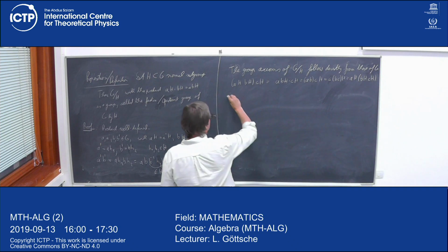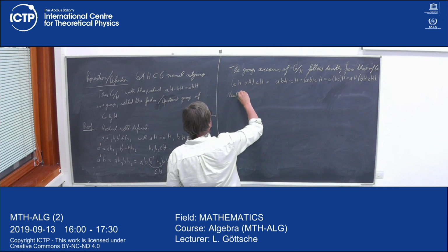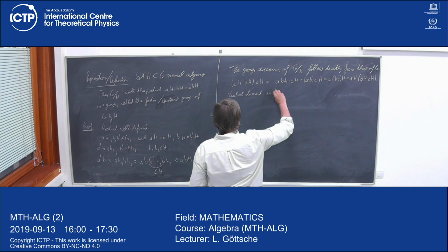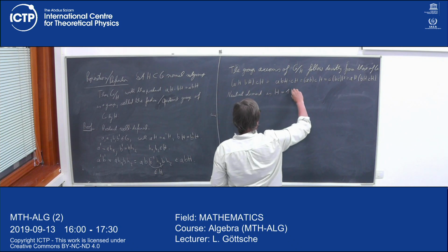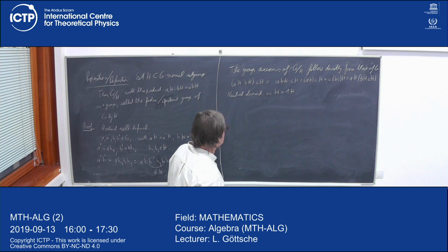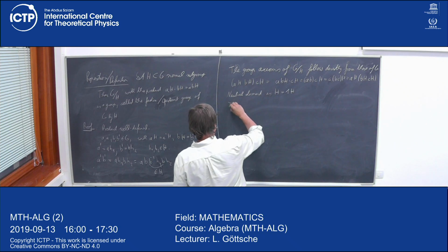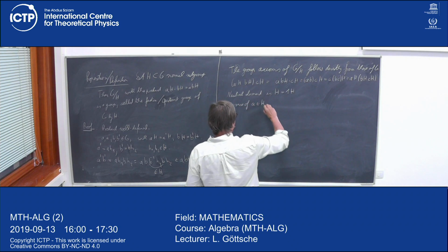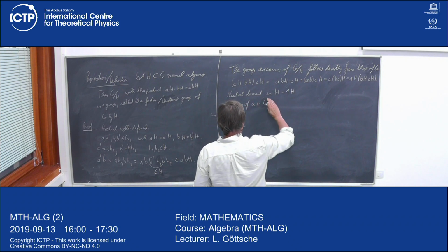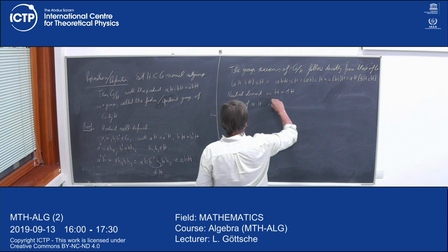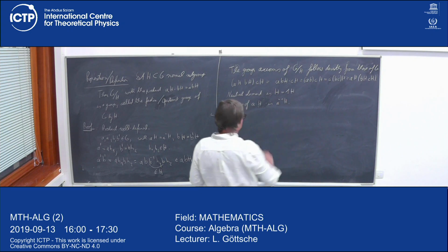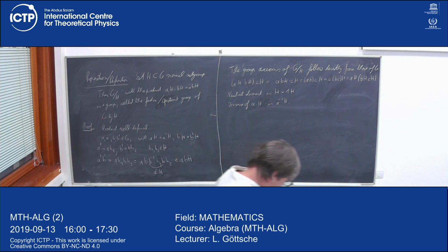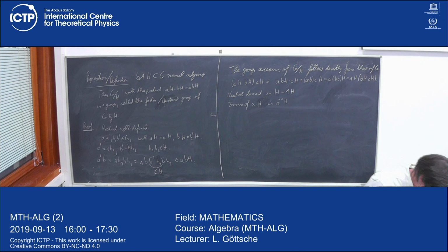Okay, and the neutral element is H, and the inverse of aH in G mod H is a to the minus 1 H, as you can see directly from the definitions. Okay, so this is a nice group.